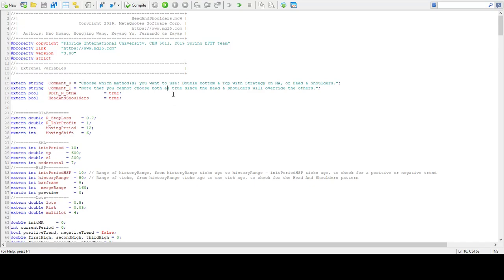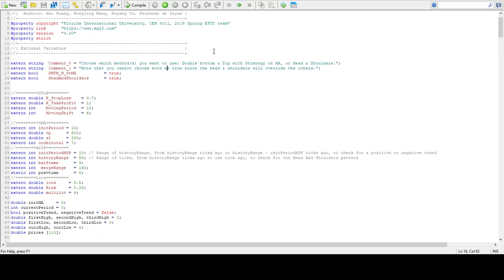Okay, now we are in the head and shoulders program, or expert advisor. Up here we have 2 comments just to detail which of the algorithms you want to use. Double top and double bottom and strategy on moving average are linked to the same one since they both make a profit. Head and Shoulders is linked to a different one since most of the time it does not return a profit.